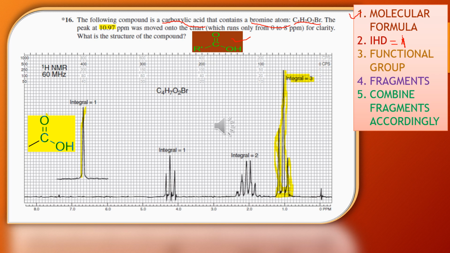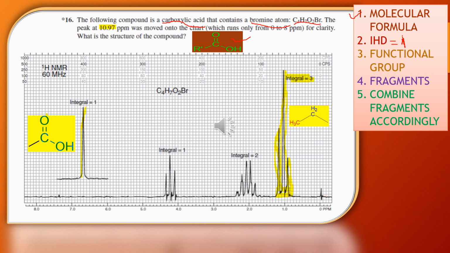The triplet means that the neighboring carbon has 2 hydrogens. So what is the fragment?